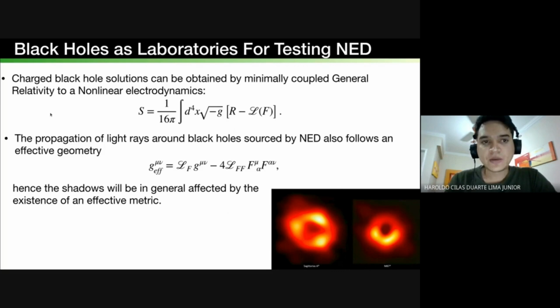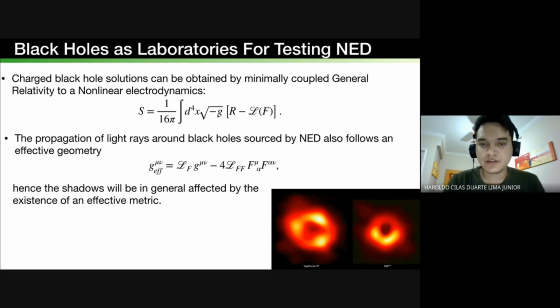But what happens when we consider curved spacetime in place of a flat spacetime? Well, we can compute, for instance, charged black hole solutions which are sourced by nonlinear electrodynamics. So they are minimally coupled to general relativity.